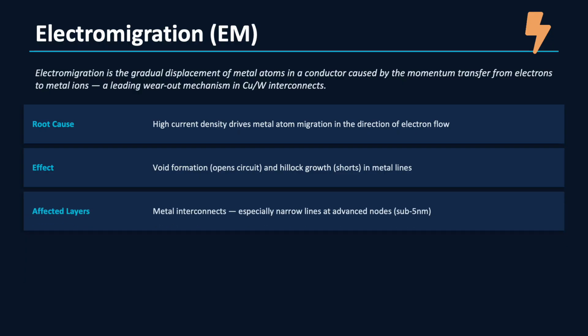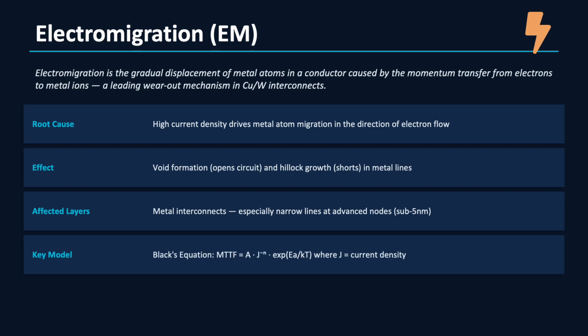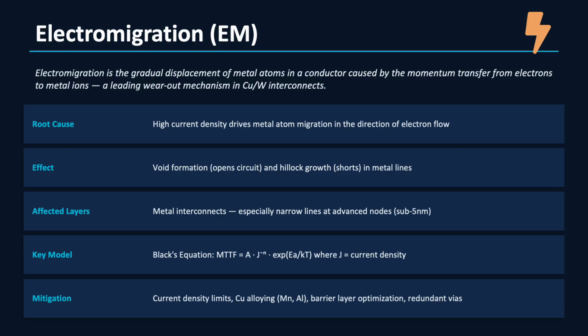Metal interconnects, especially the narrow lines at the advanced nodes like the sub 5 nanometer nodes, are usually the most affected layers. As it is driven by higher current density, mitigation routes include limiting current density, copper alloys, barrier metal optimization, and adding redundant vias.